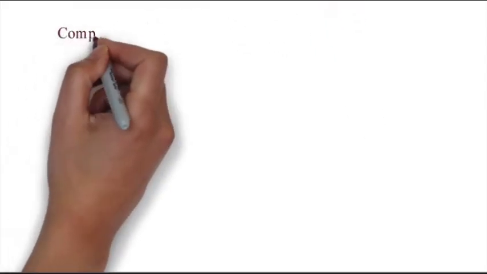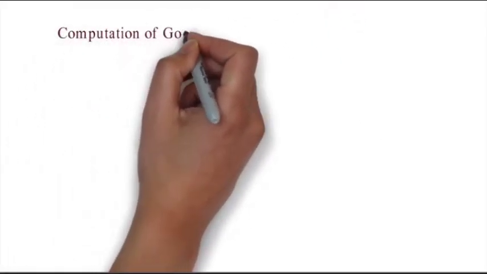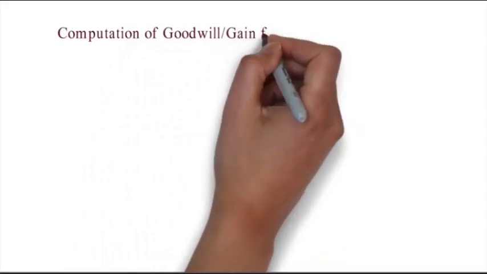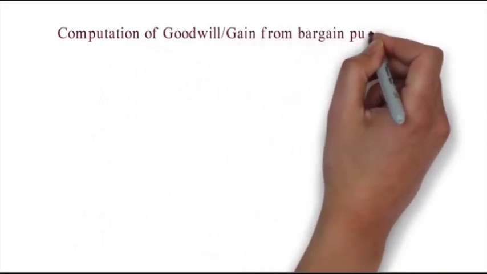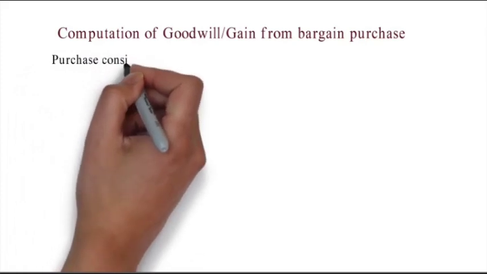Then we compute goodwill or gain from bargain purchase. For computation of goodwill or bargain purchase, we deduct from our purchase consideration paid up value of shares held by holding company in the subsidiary company and share in the capital profit of subsidiary company.